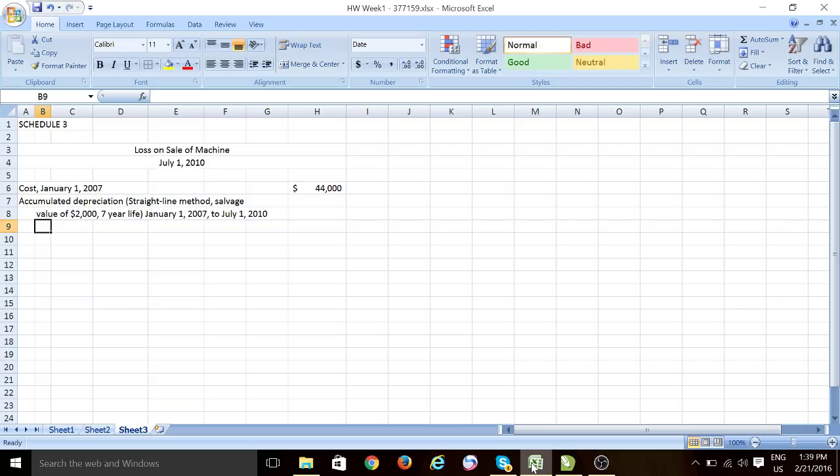So just like the previous one, we calculate the accumulated depreciation by dividing the cost when we acquire the item, but because there is a salvage value here, so we need to minus that first.